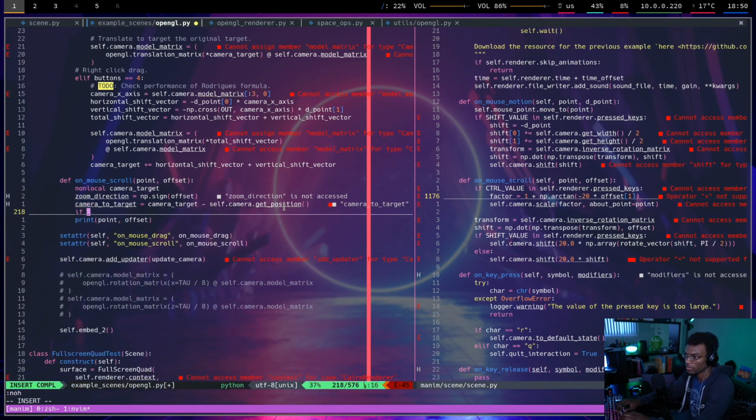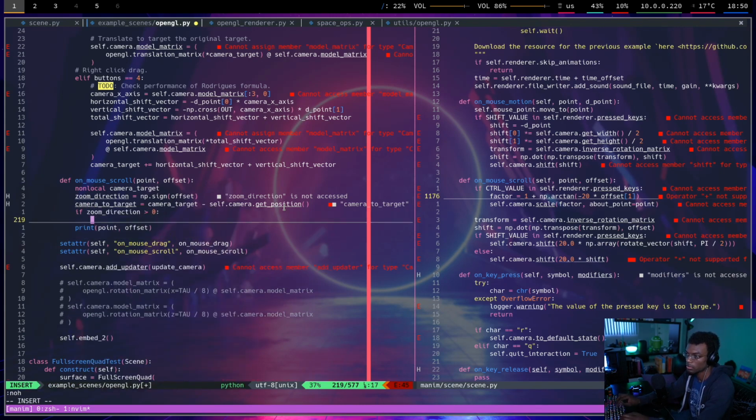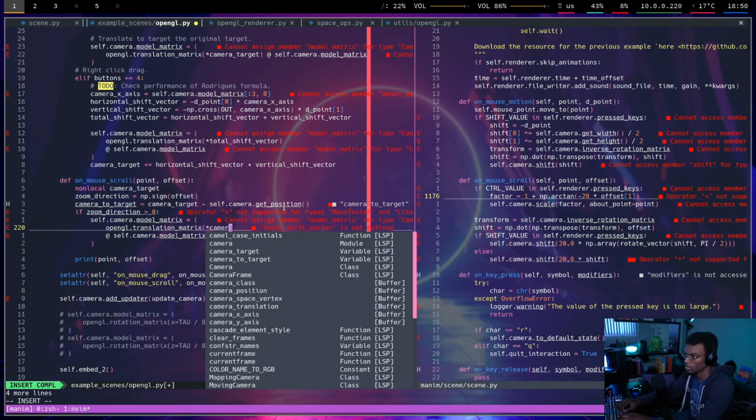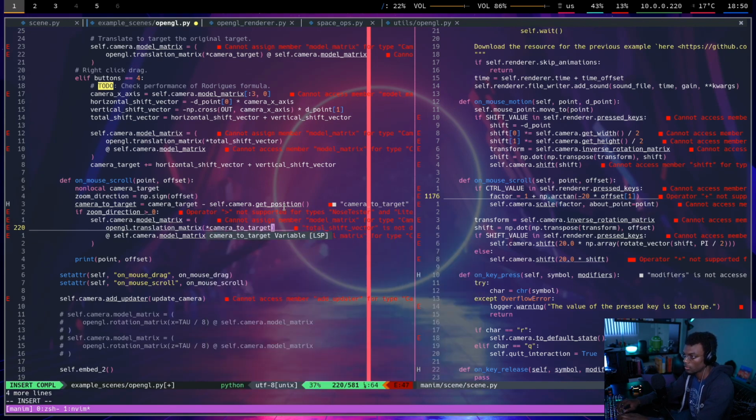And then if zoom direction is greater than 0, then I want to translate it in that direction. So it'll be like this. Camera to target. Okay.